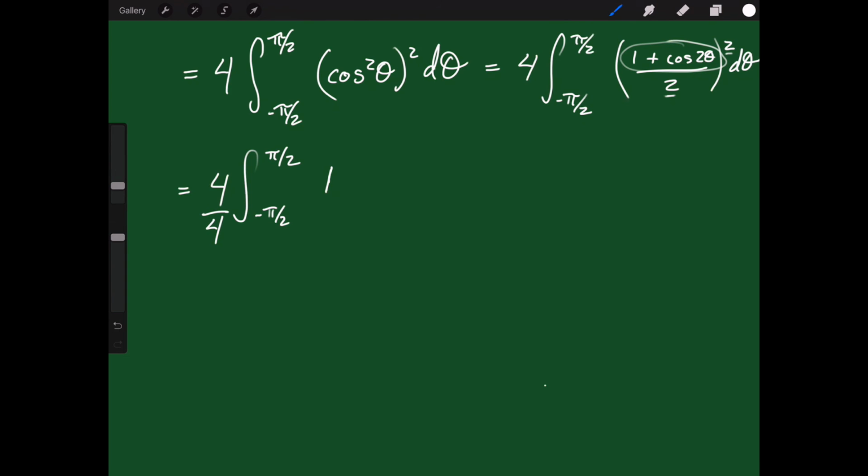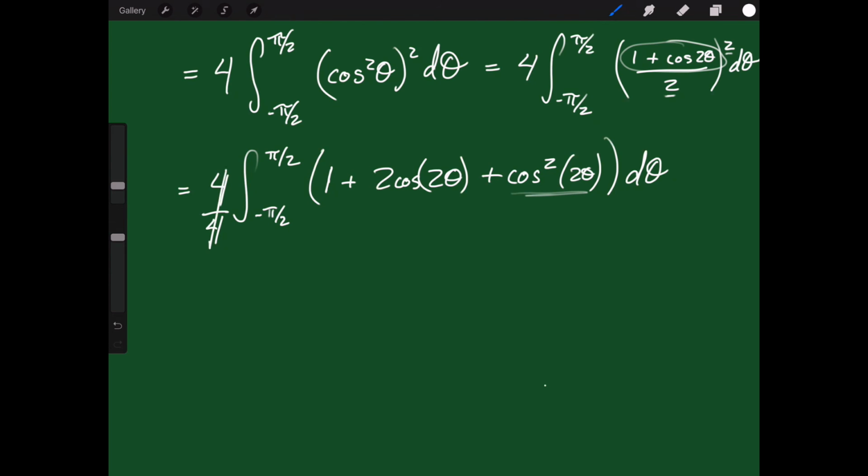If I square the top, I get 1 plus 2 cosine 2 theta plus cosine squared of 2 theta d theta, which of course means I need to here use a half angle identity again.